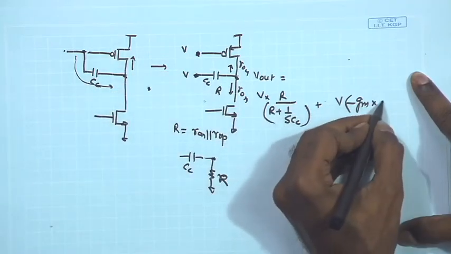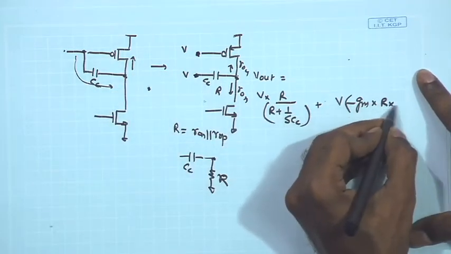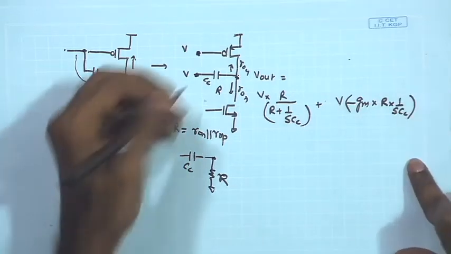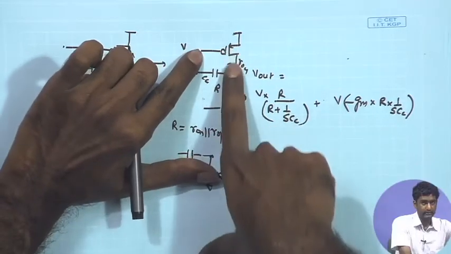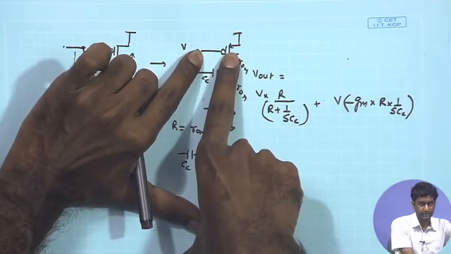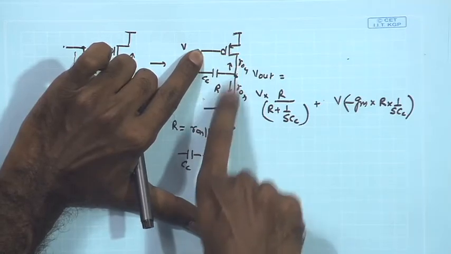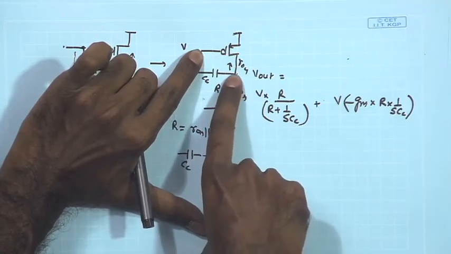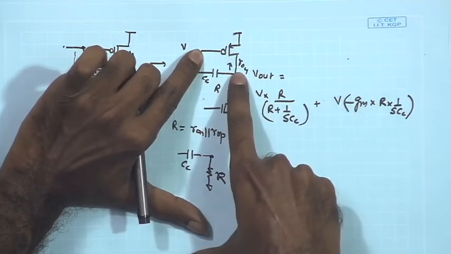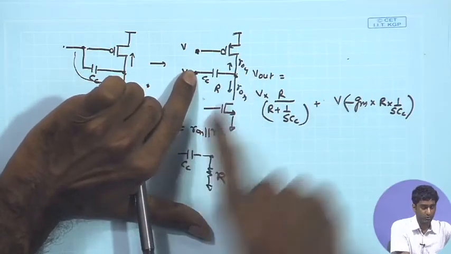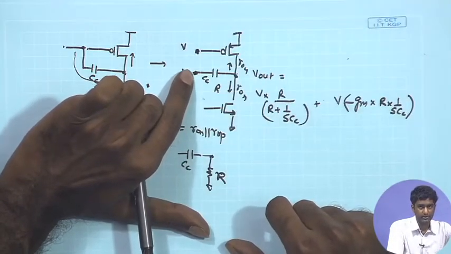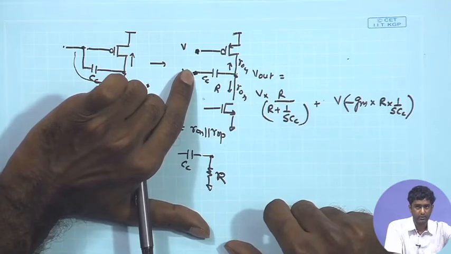So, minus GM times R parallel 1 upon SCC, because if I am looking at this circuit as a common source amplifier where input is the M6, this PMOS device, at the load I have this overall small signal resistance RON parallel ROP, which is our R, and if this is set to AC ground, while analyzing the effect of this signal, this 1 upon SCC also appears in parallel with RON and ROP.